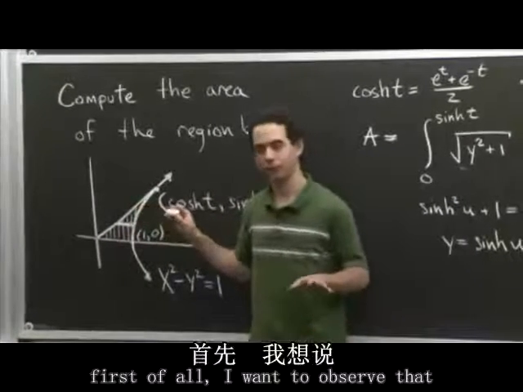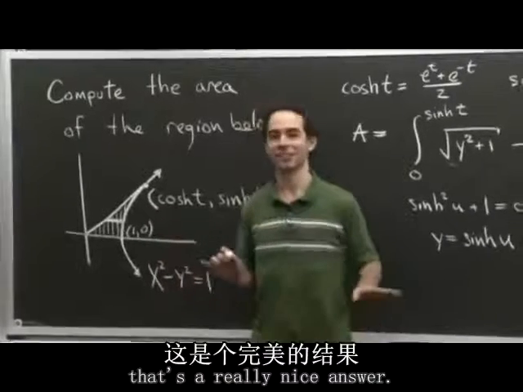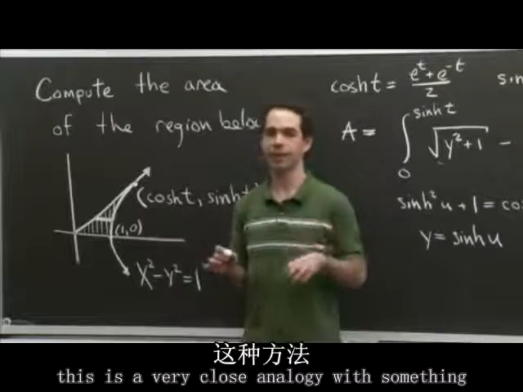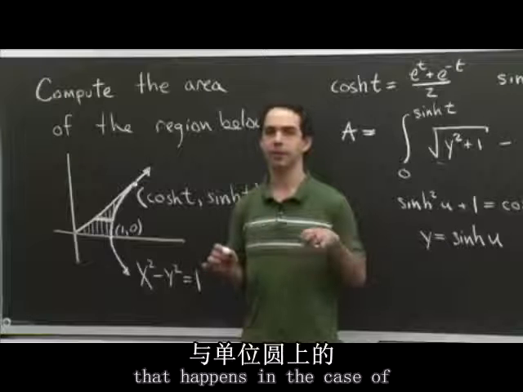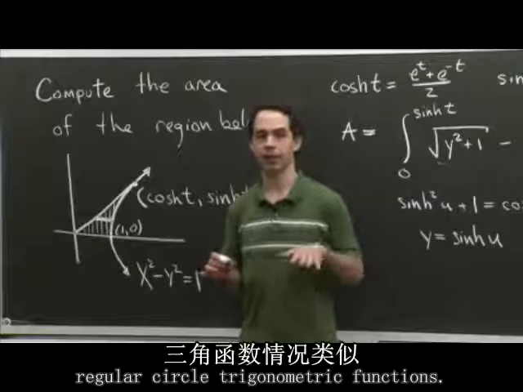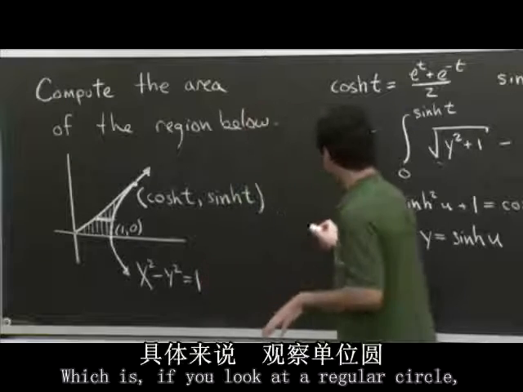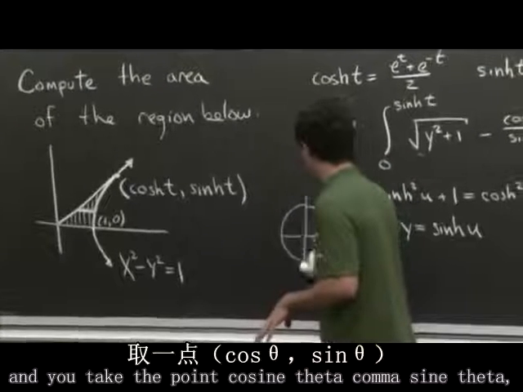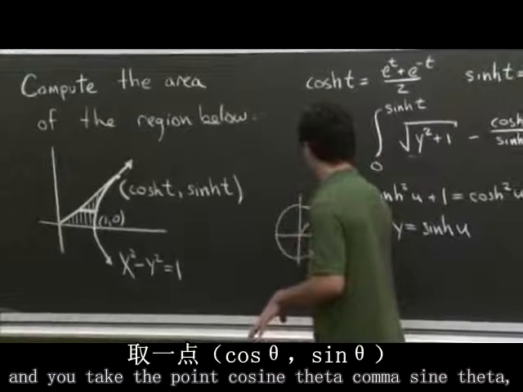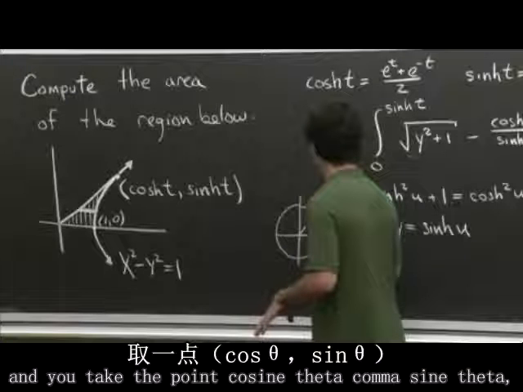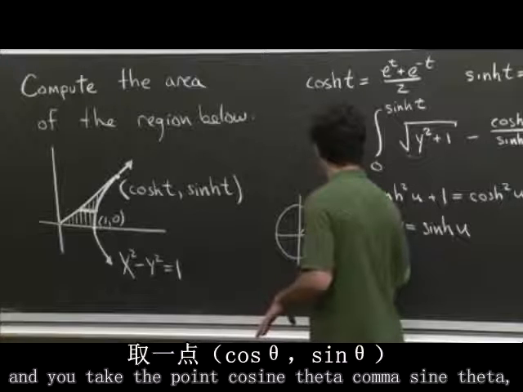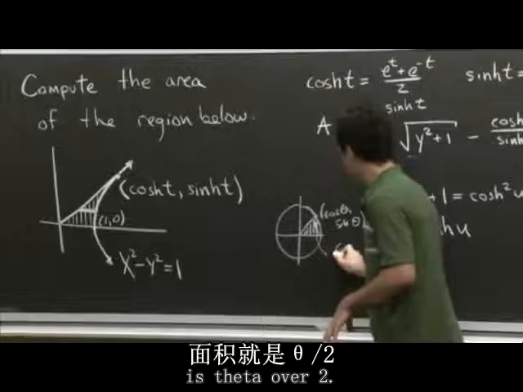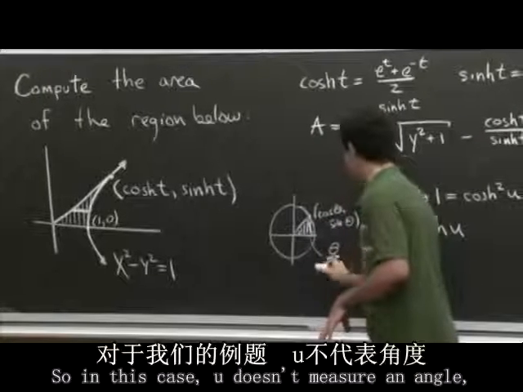Now, first of all, I want to observe that that's a really nice answer, so that's kind of cool. The other thing I want to observe is that this is a very close analogy with something that happens with regular circle trigonometric functions. If you look at a regular circle and take the point cosine theta comma sine theta, then the area of this little triangle here is theta over 2.